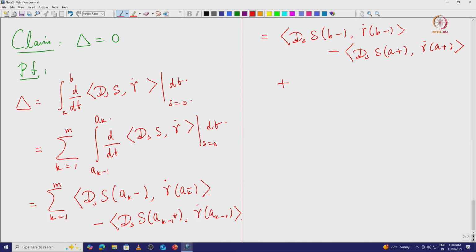So this will just be summation k going from 1 to m minus 1 now, right.